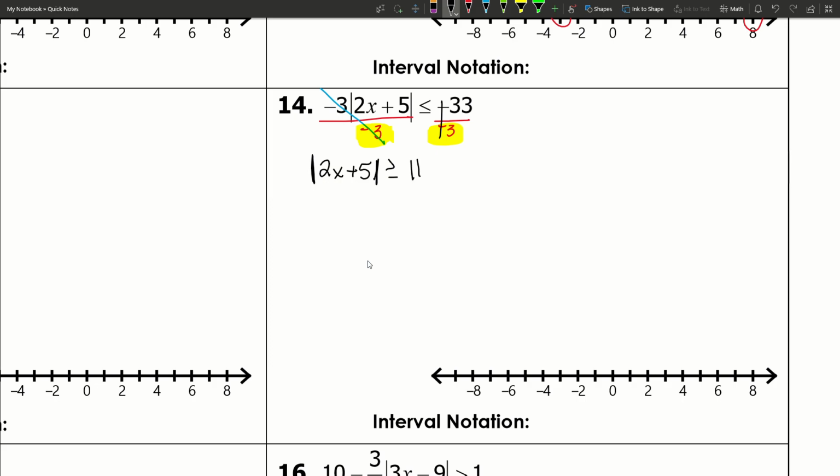Now that we have everything away from our absolute value, we can separate this to be 2x plus 5 is greater than or equal to 11, and 2x plus 5 is less than or equal to negative 11. We subtract our 5.